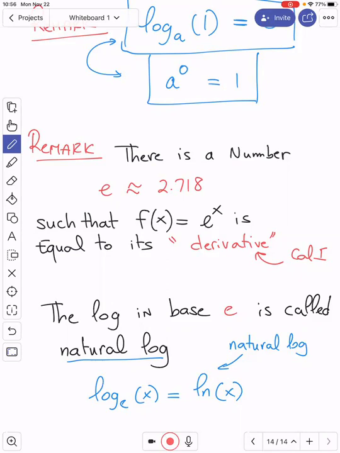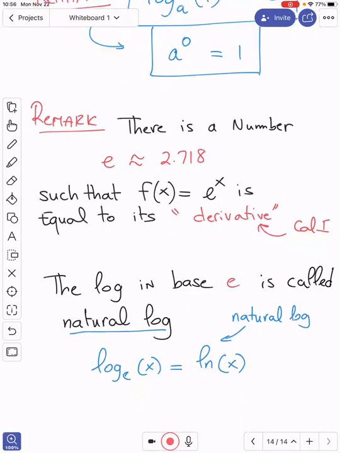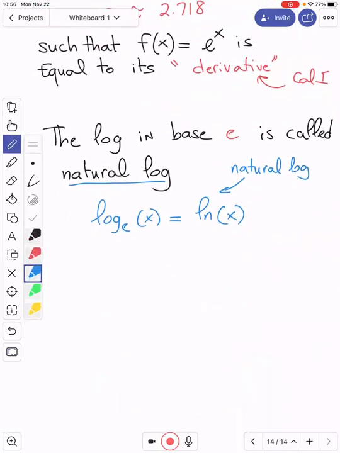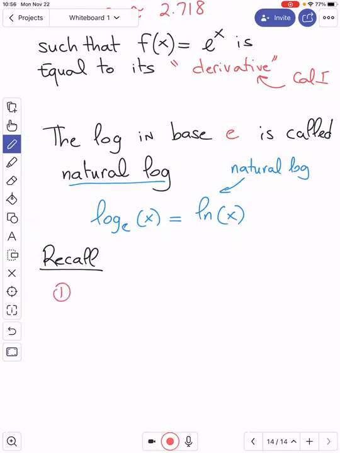Now, some properties of the log. I'm going to first remind you guys we have all these power rules. For example, if you have a to the power n times a to the power m, same base, that would be a to the power n plus m.